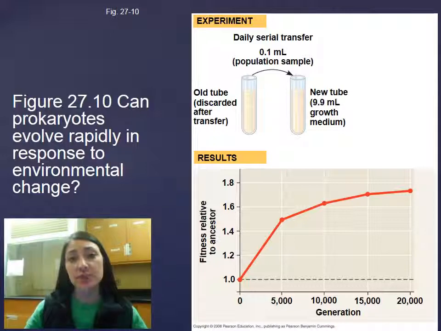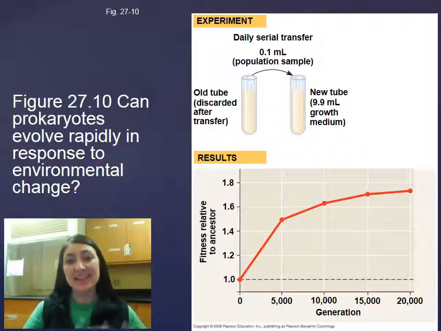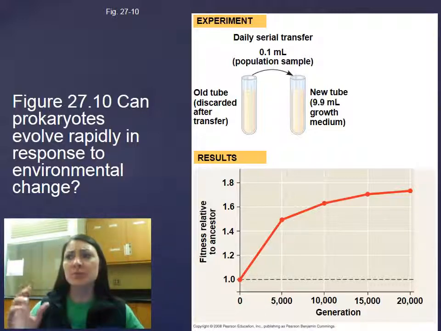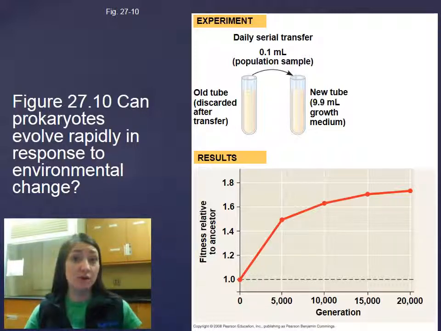To demonstrate the rapid evolution that's seen in prokaryotes, scientists developed an experiment where they allowed the same strain of E. coli to grow in 12 different test tubes over the course of 3,000 days. So we are talking about 20,000 generations over that time. And in each test tube, they gave them challenging environments. So there was very little glucose and other materials that they need.